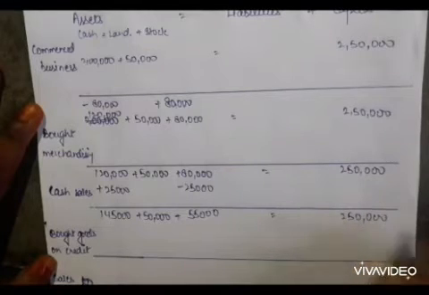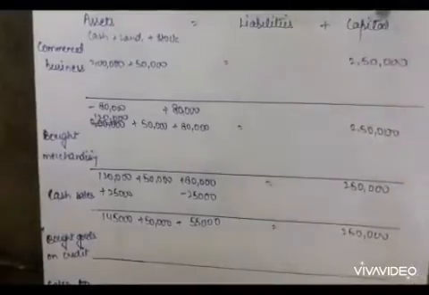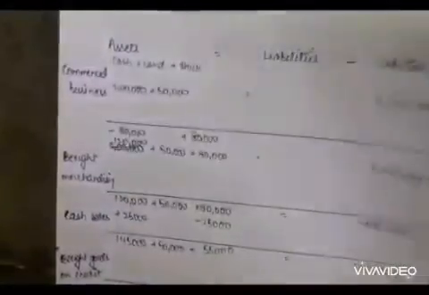If you want to check whether we have done it correctly or not, you can check it here. 1,45,000 plus 50,000, what will this add up to? Just check the answer. 1,45,000 plus 50,000 plus 55,000 is equal to 2,50,000. It is correct.